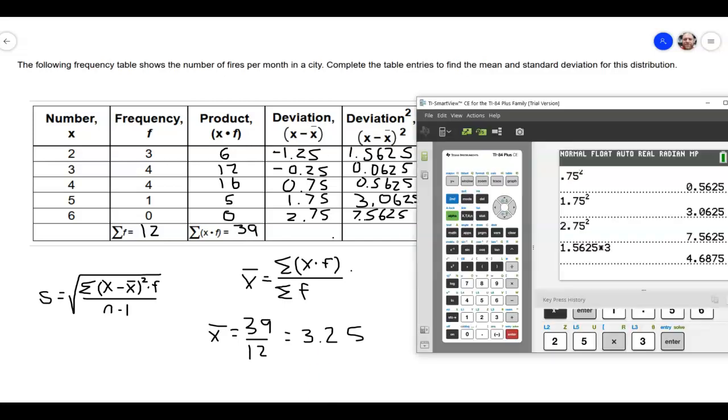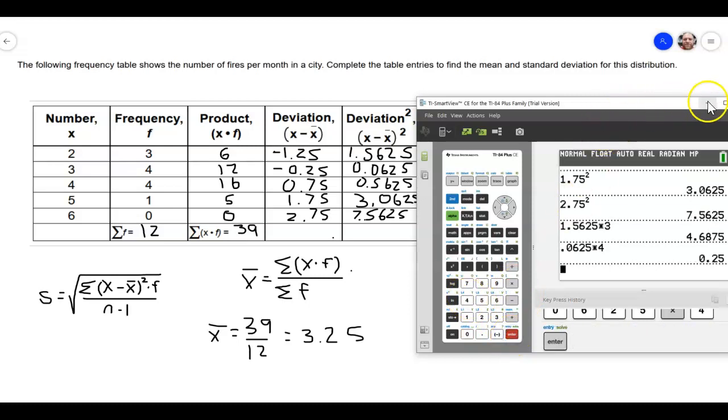All right, and then we're going to do this times 4, so 0.0625 times 4. That's going to be 0.25.